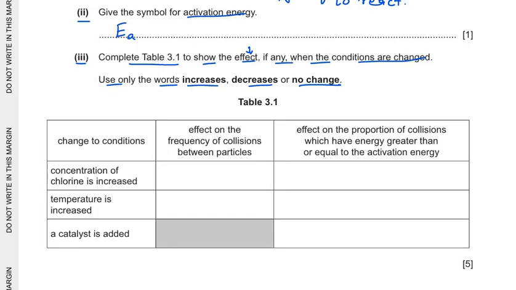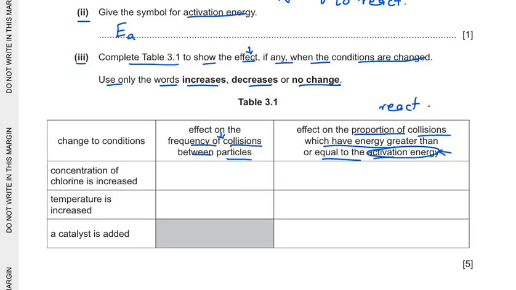Let's see the effect on the frequency of collision between the particles and the effect on the proportion of collisions which have energy greater than or equal to the activation energy. Those are the collisions that will turn into successful collisions and make the particles react.